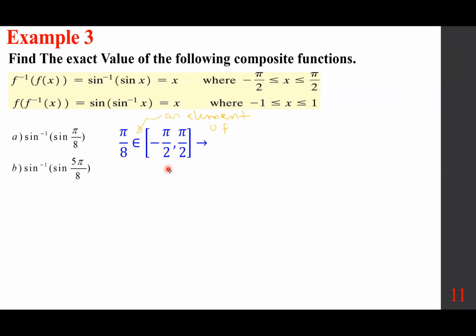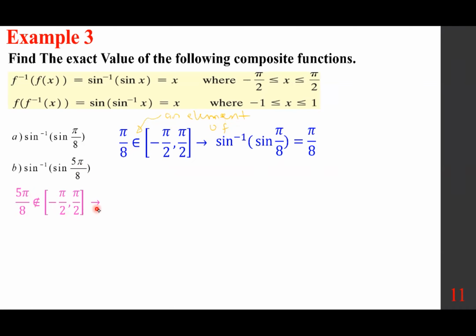Therefore, the answer is simply pi over 8. If you look at 5 pi over 8, 5 pi over 8 is larger than 4 pi over 8, which is pi over 2, so it does not belong. So this is an element of, this is not an element of.